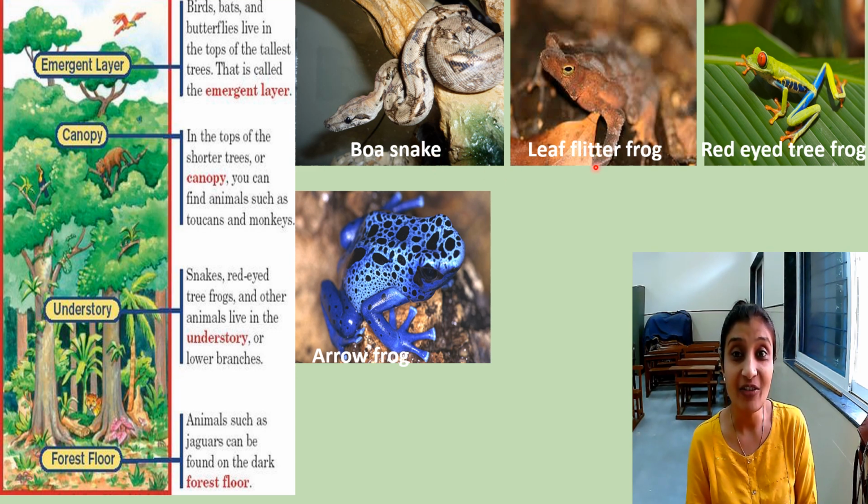This is a leaf litter frog. It has light brown color and hides among the same colored leaves to protect itself. This is the arrow frog. It's a very poisonous frog. The bright color warns the enemies that it is poisonous.